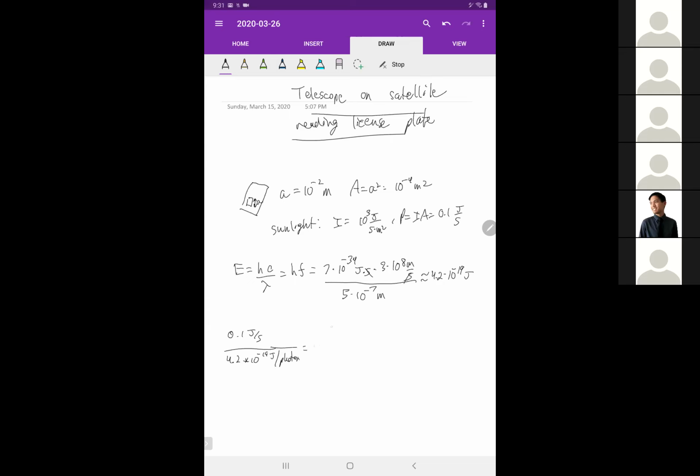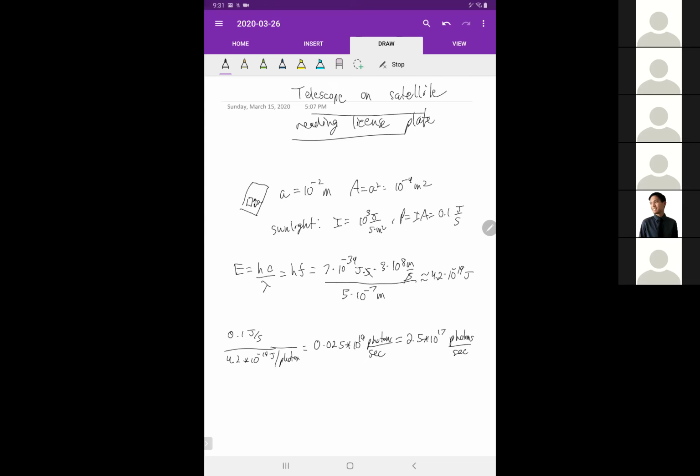Well, that's going to be 0.1 over 4.2, which is 0.025 times 10 to the 19 photons per second, or 2.5 times 10 to the 17 photons per second. But that's what's hitting it.